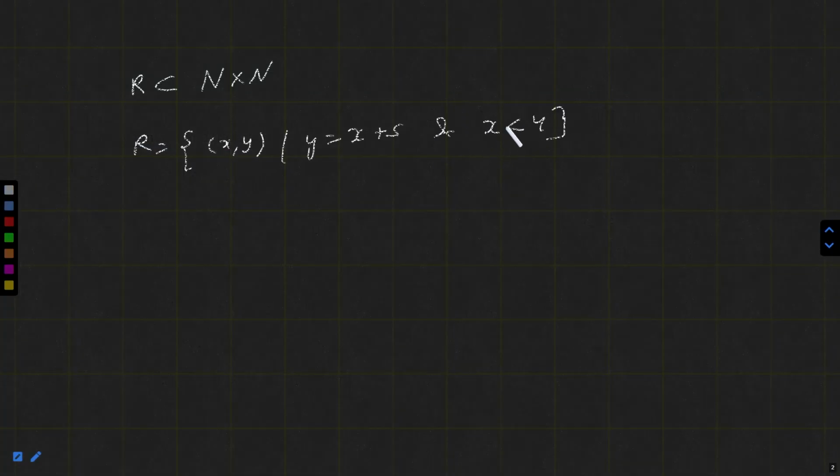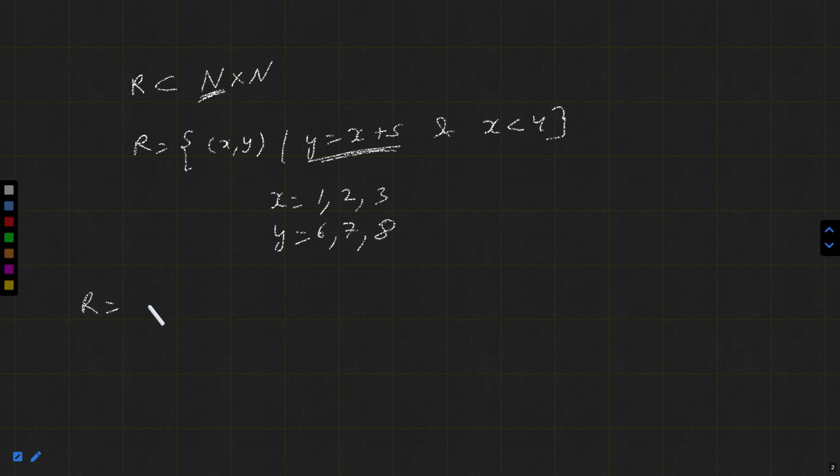So x is less than 4 and x is also a natural number. This means x is 1, 2, 3 only. If x is 1, then y is 6. If x is 2, then y is 7. If x is 3, then y is 8.